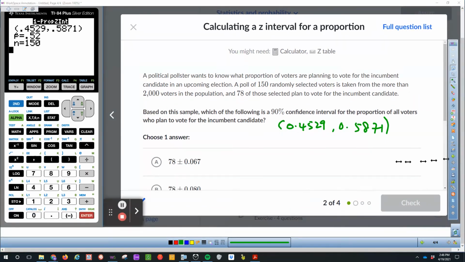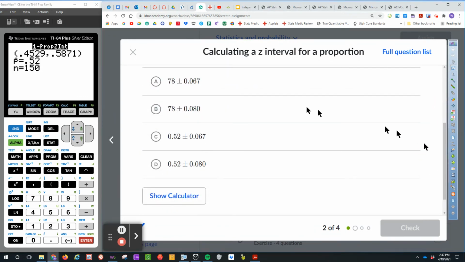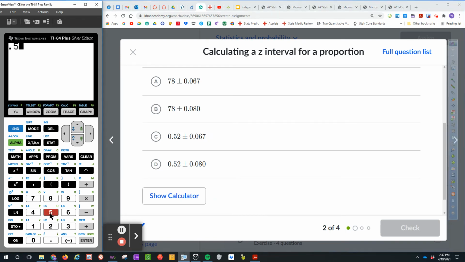Which incidentally, if you look at the options here, I might have to come back to this 0.45. Well, actually, I have it on the screen already. So what is interesting is if you look at A, B, C, and D, if you take this 0.52 minus 0.067, so 0.52 minus 0.067, is it 0.432?